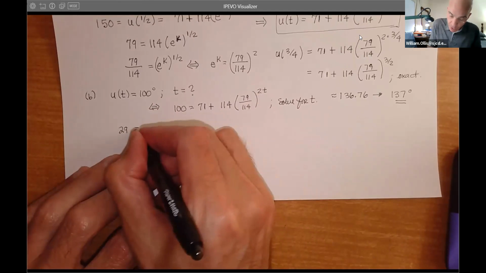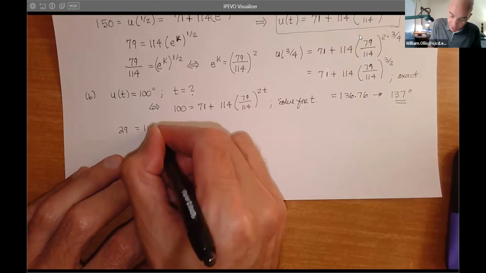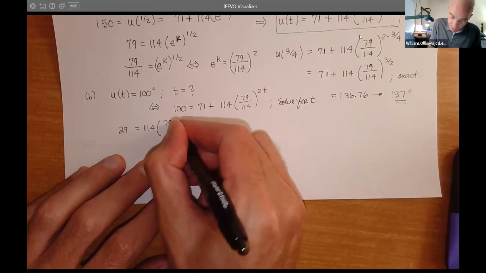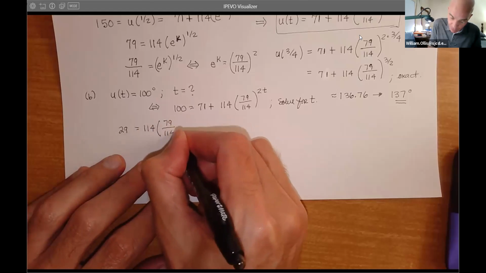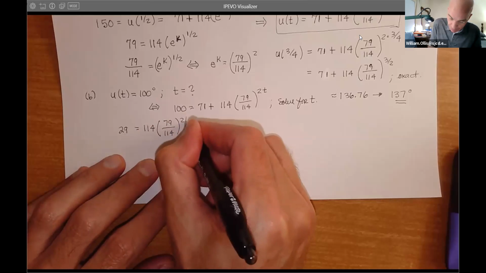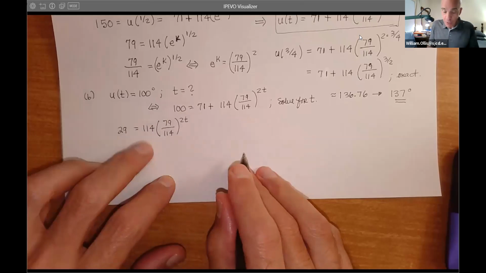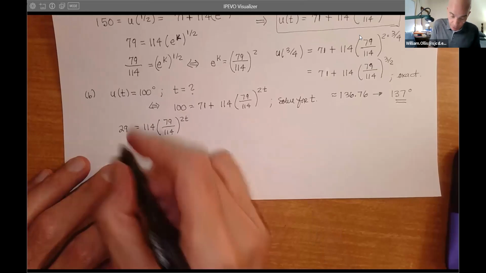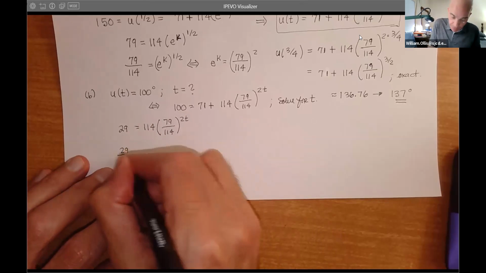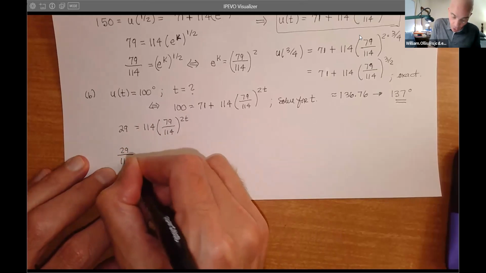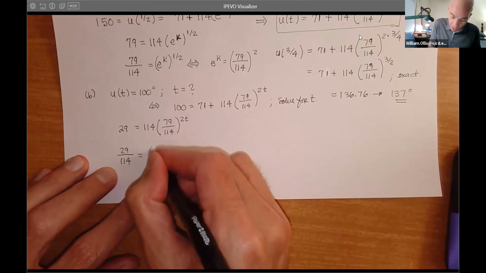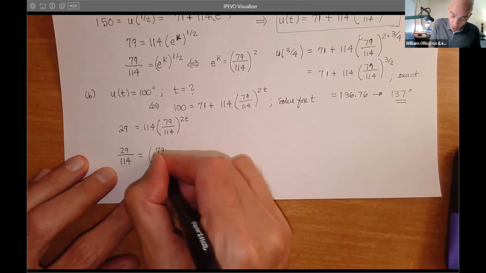I'll break this up into two steps. So now divide by 114. Keep everything exact. I know this is new for a lot of you, maybe for all of you.